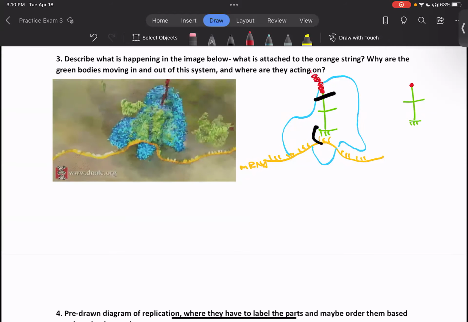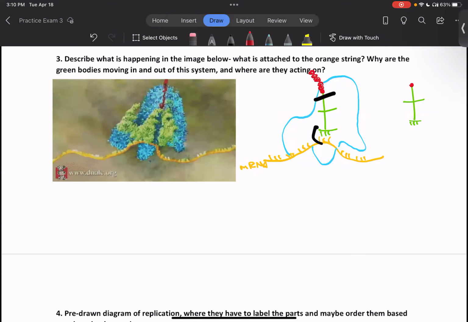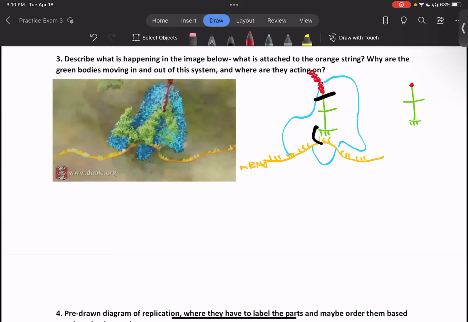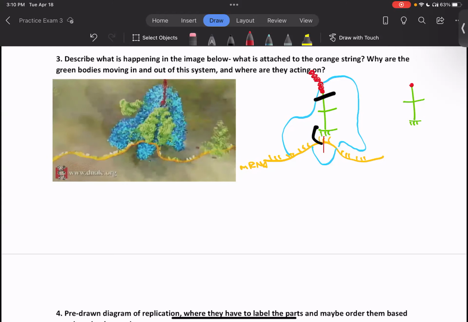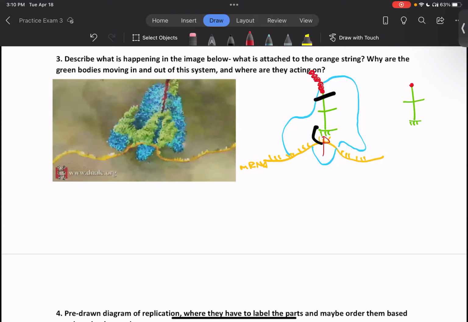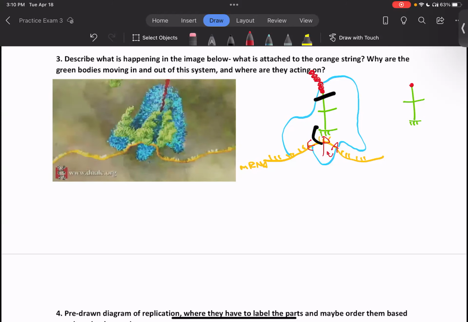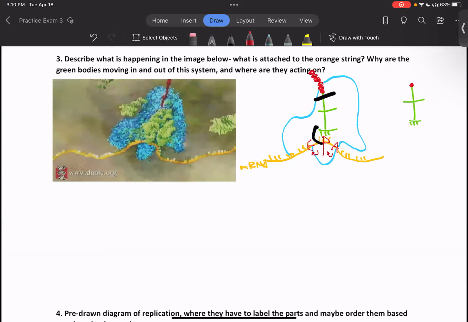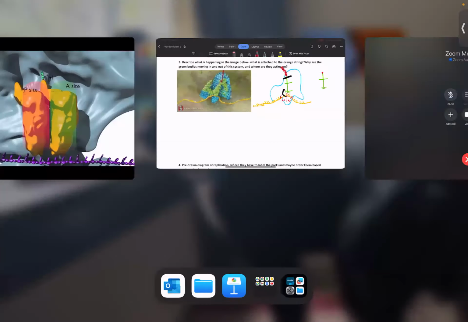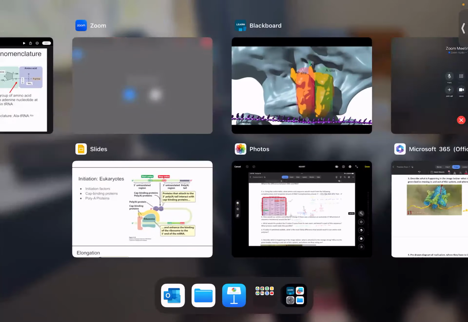That will polymerize the chain of amino acids. And then they will all shift to the left so that the one who was in the P site goes to the E or the exit site. Then the one who was in the A site will go to the P site. And that is pretty much all of translation.